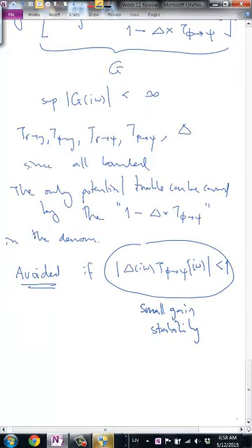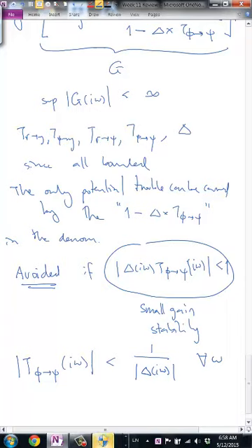Another way to write this is that the transfer function from phi to psi is less than 1 over delta of i omega for all omega.